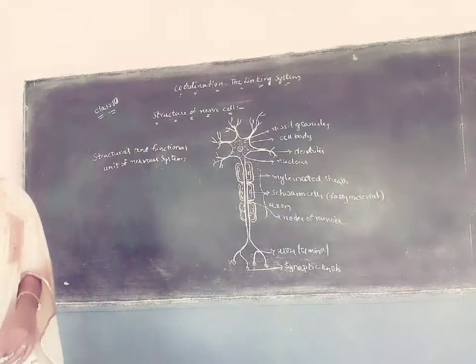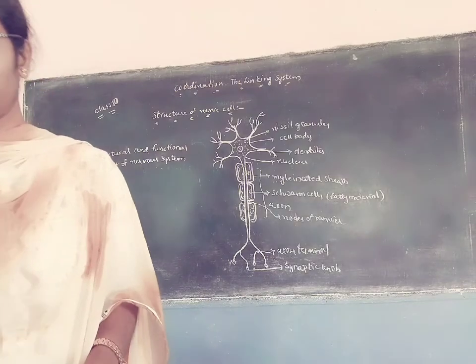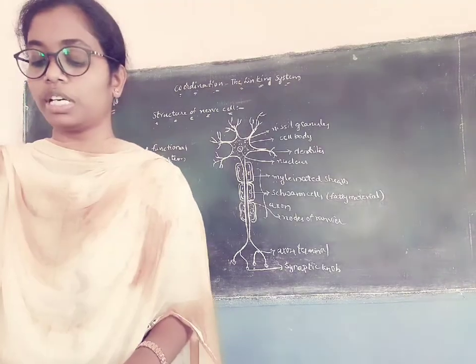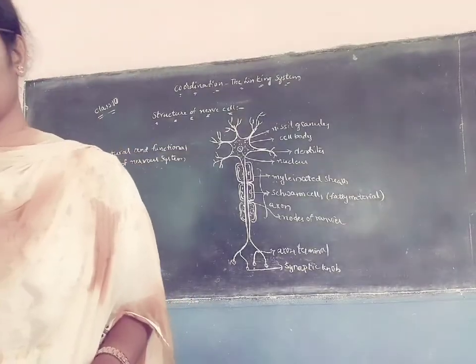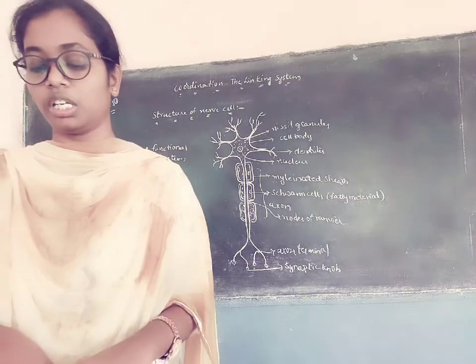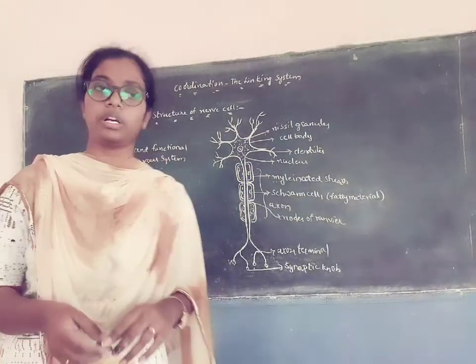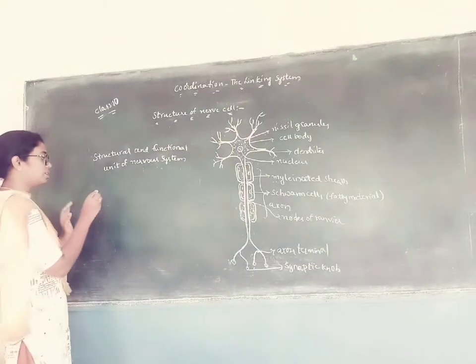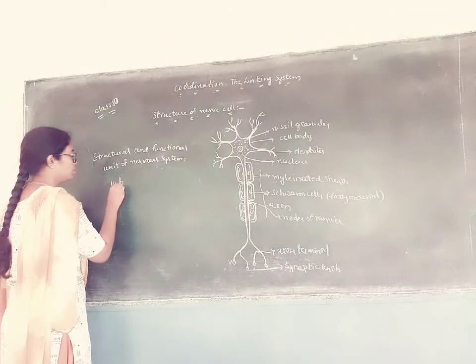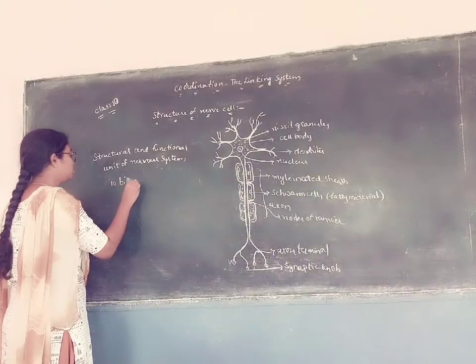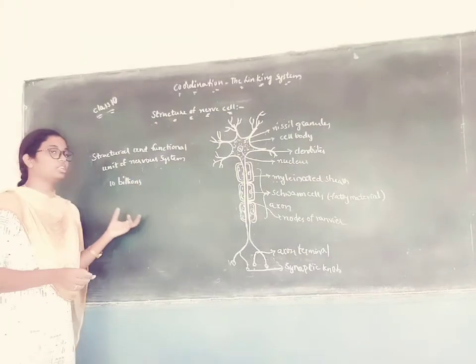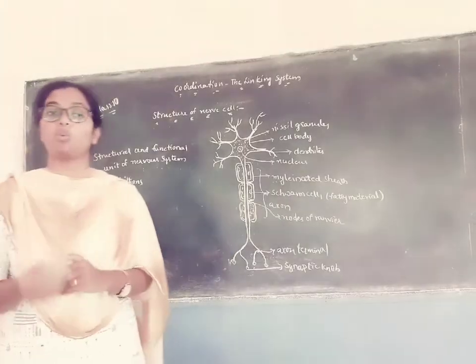Next one. Our nervous system consists of around 10 billion nerve cells, which communicate with each other in a specific manner. Their function is to communicate with one another.